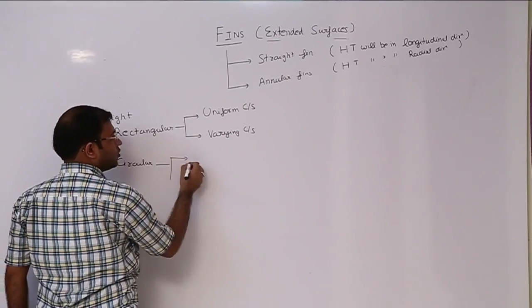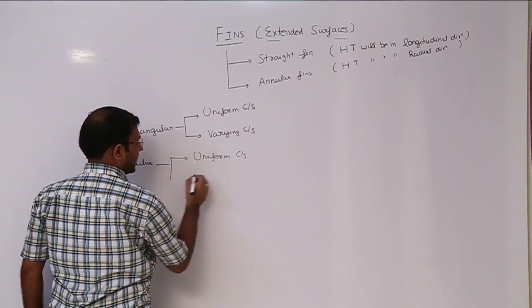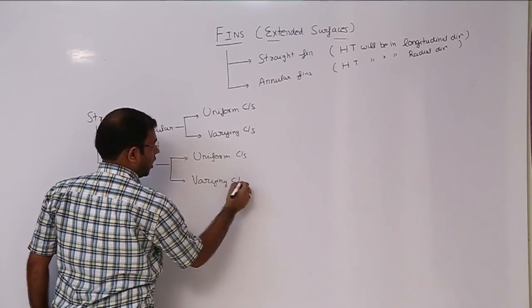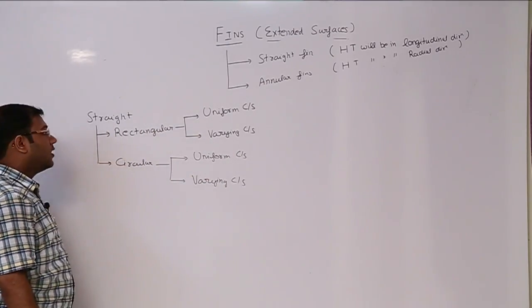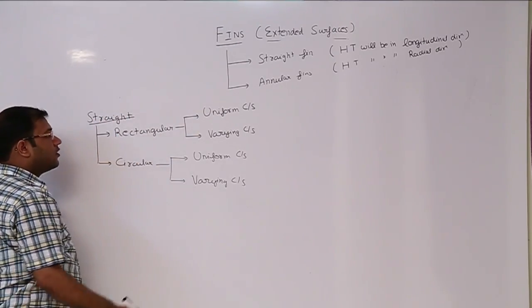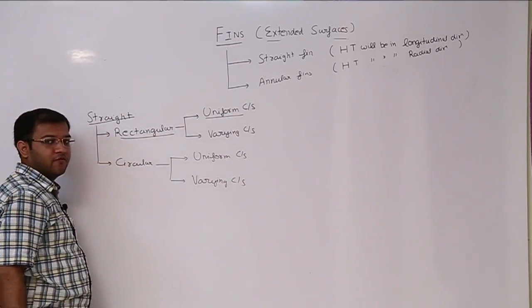Again circular two types, uniform cross section and varying cross section. Now first of all we will study straight fins with uniform rectangular cross section.